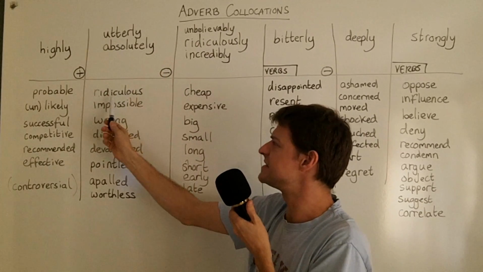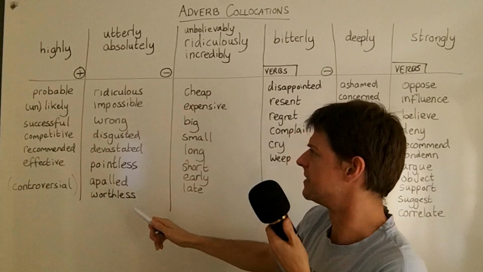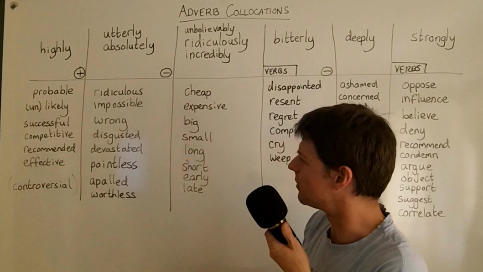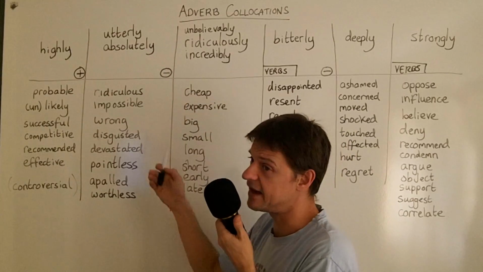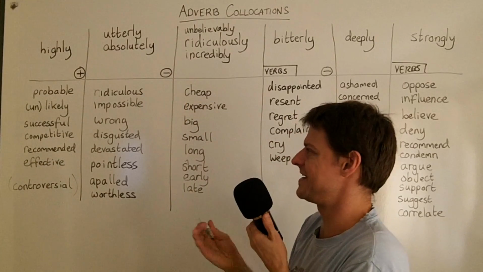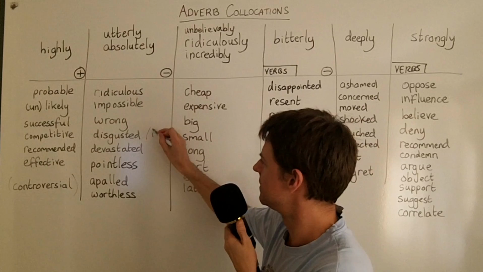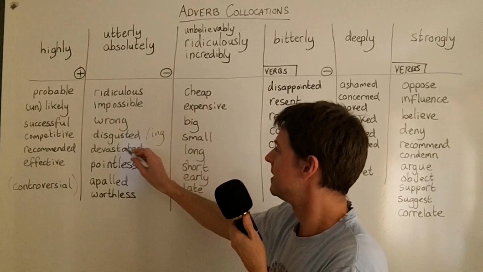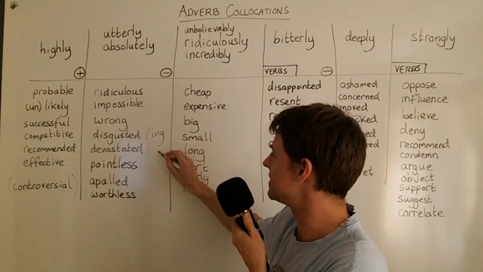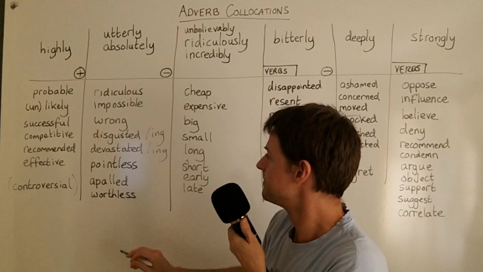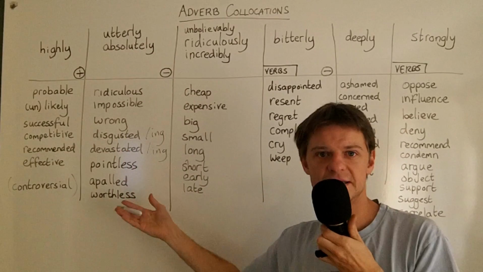So, utterly ridiculous, utterly impossible, absolutely wrong. I was utterly disgusted, or it was absolutely disgusting. When you see these -ed adjectives, very often you can use the -ing form as well. I was utterly devastated, or it was absolutely devastating. Yeah. This exercise is utterly pointless.